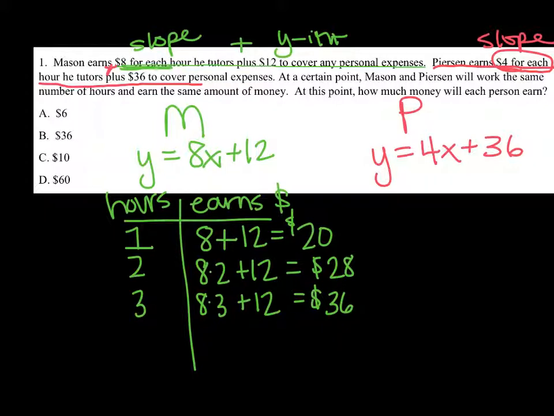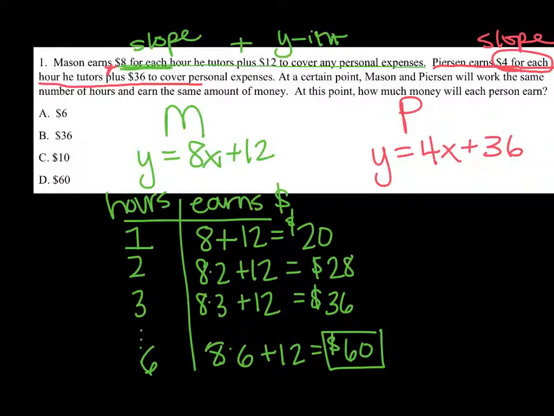And we could continue in this way until we get to 6 hours: $8 an hour times 6 hours plus 12, and we get $60. We could also continue that for Pearson as well.